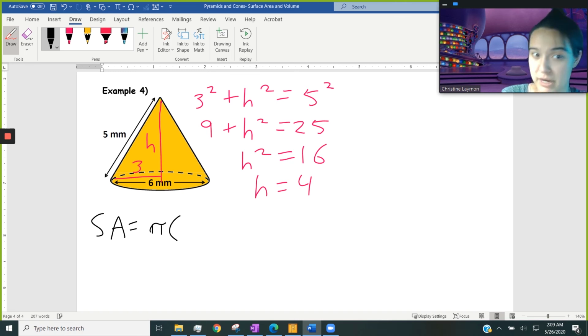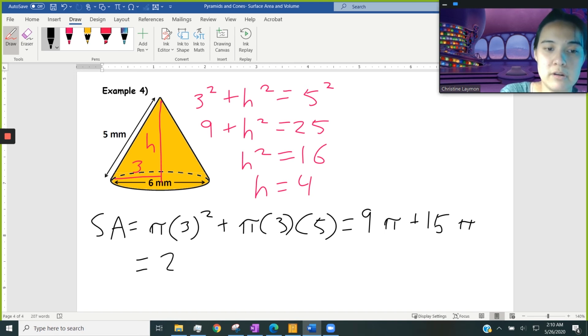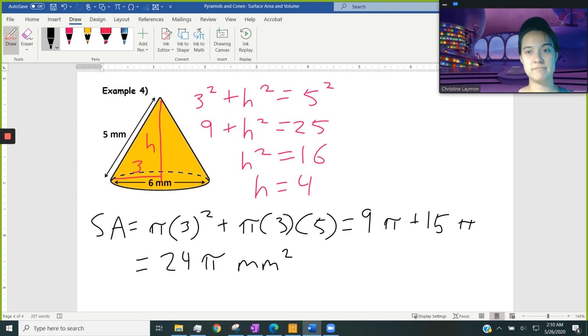My r is 3. So pi 3 squared plus pi r L. So pi times 3 times 5. This gets me 9 pi plus 15 pi. So overall here, I have 24 pi millimeters squared.